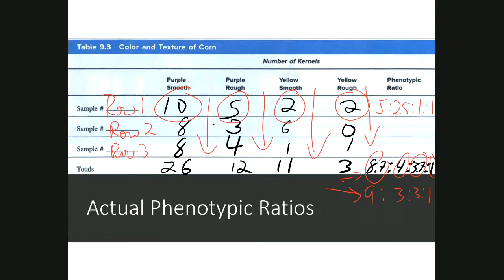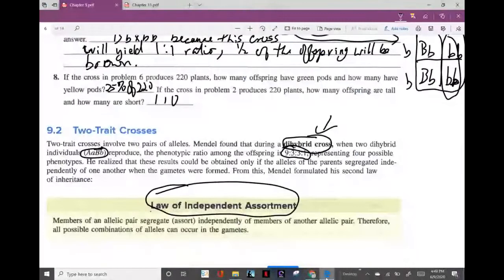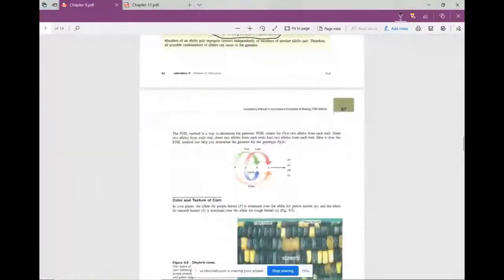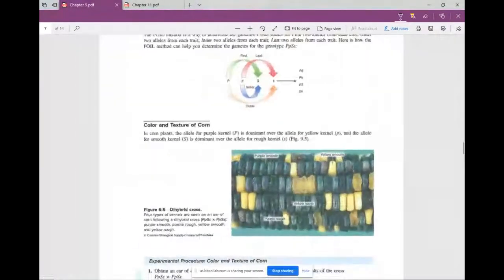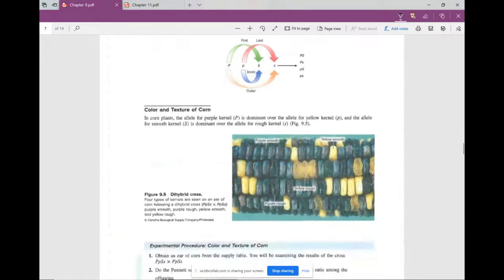I'm going to share my screen one more time. I think that will be it for the PowerPoint, actually. Here they're discussing how you distribute the alleles and use the FOIL method.